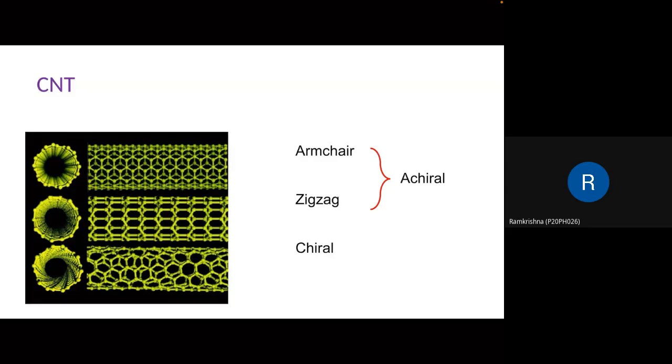Today we will look at carbon nanotubes, because in the carbon nanostructure family, this is a one-dimensional nanostructure, like a wire, like a quantum wire, one of the best examples where you see quantum effects.